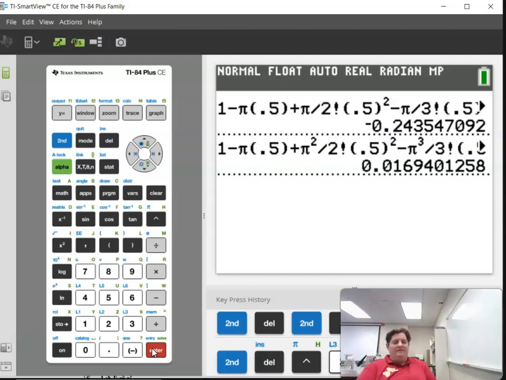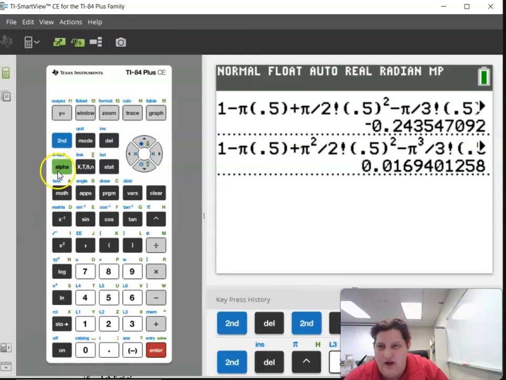Okay? Find an upper limit for this alternating series remainder. Well, remember with this upper limit thing, we just do the next term. Now, the next term after this would be pi to the fourth over 4 factorial, 0.5 to the 4.